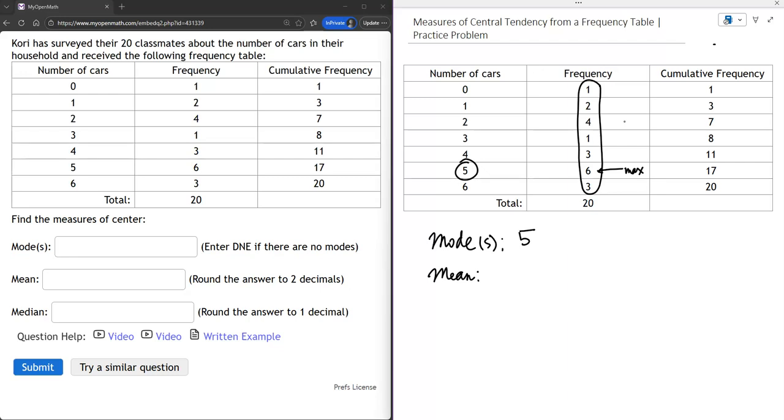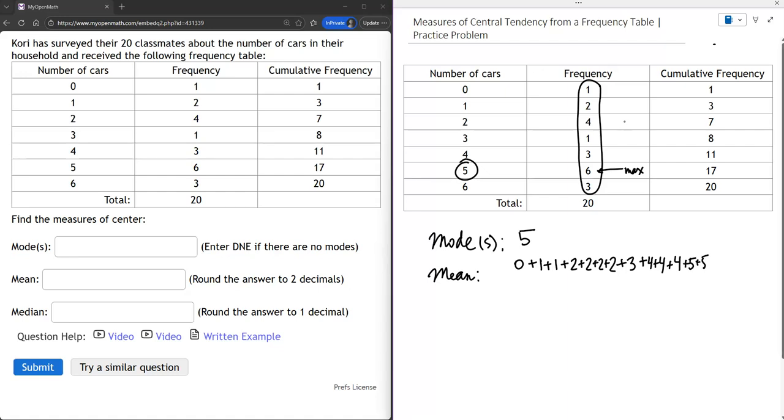So frequency 1 of 0 means we have only 1 zero to add. Frequency 2 of 1 means we have 2 ones to add. Having frequency 4 means we have 4 twos. 4 twos, 1 three, 3 fours, 6 fives.